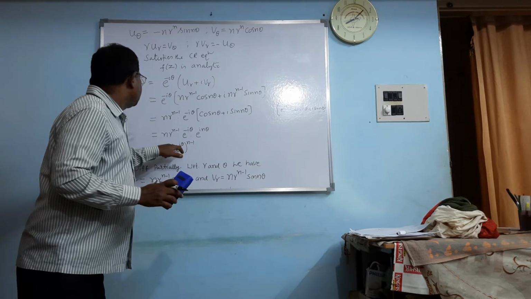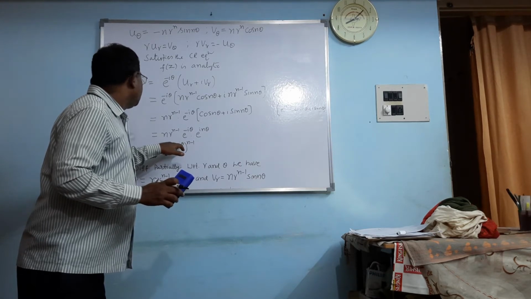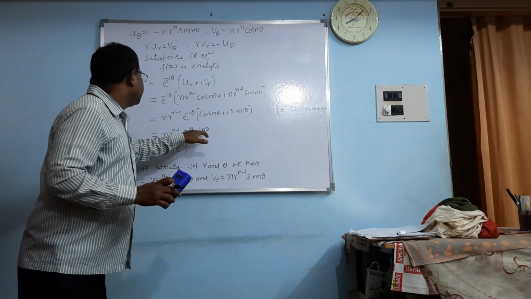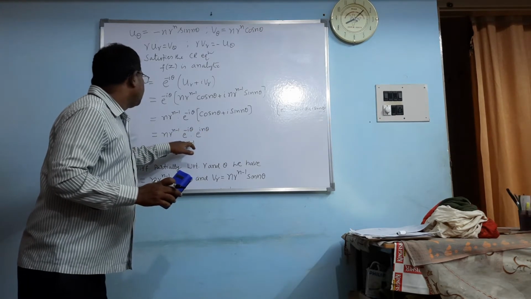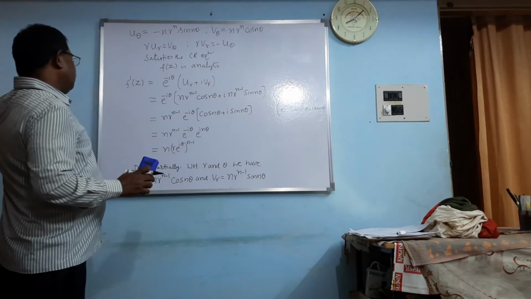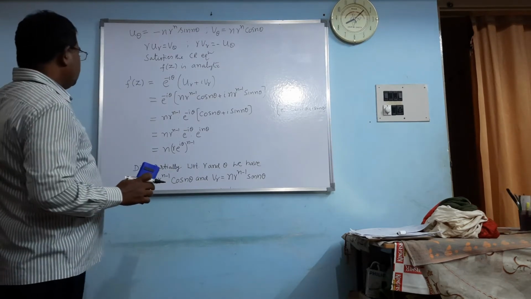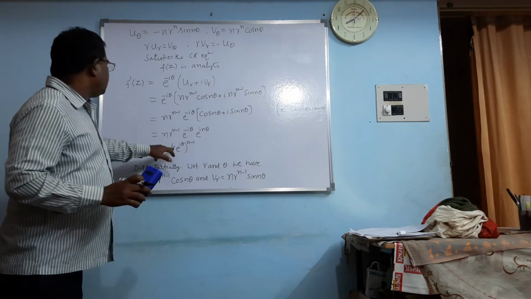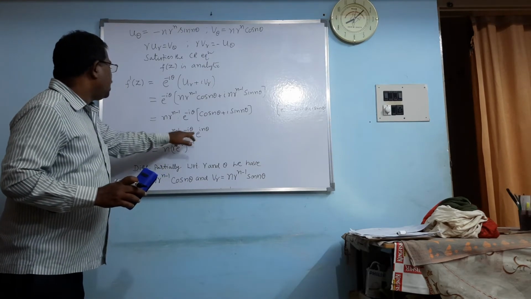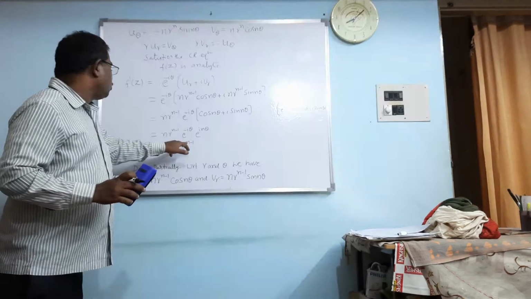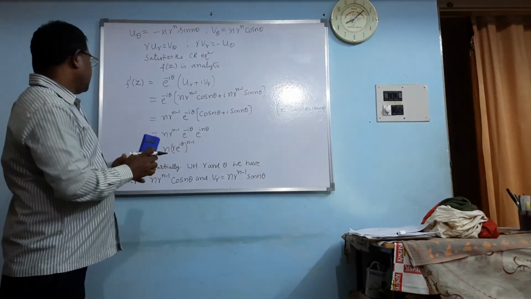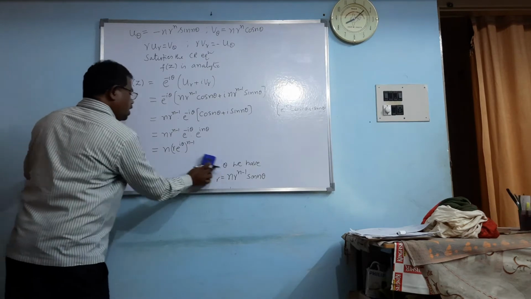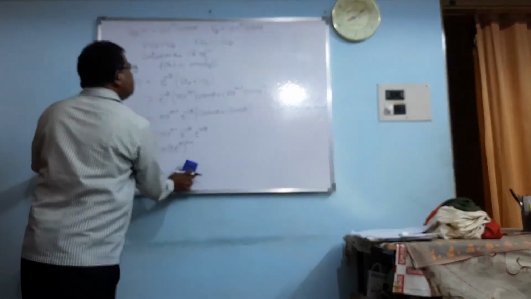Observe this. e to the power of i n theta minus e to the power of i theta. Observe this, right? e to the power of i theta into n, here also e to the power of minus i theta. What is z means?